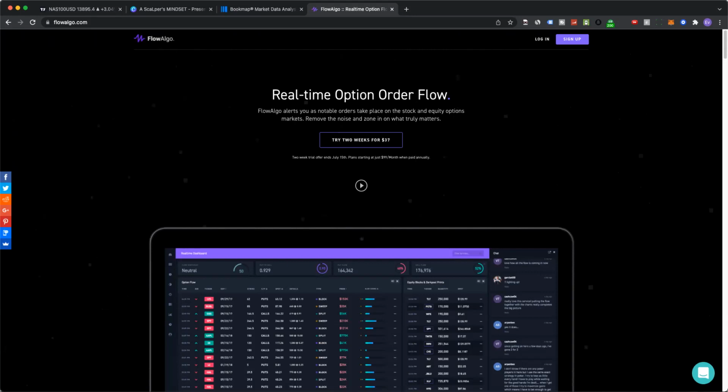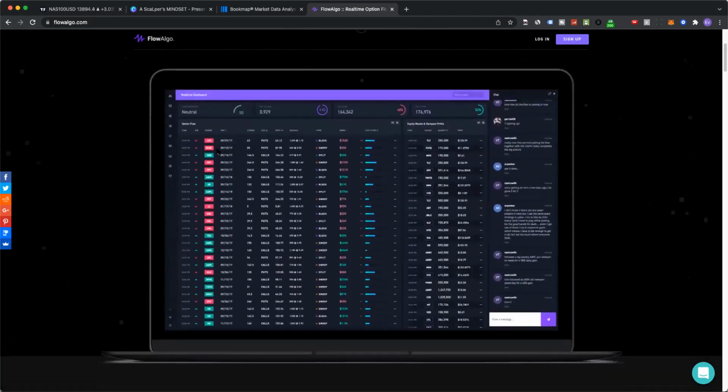This is based on options, but there are SPY and NASDAQ options. QQQ would be the equivalent to NASDAQ, right? So it'll tell you, hey, on this date, somebody placed a $153,000 order on puts, meaning they are looking to short the market. So puts mean shorts.